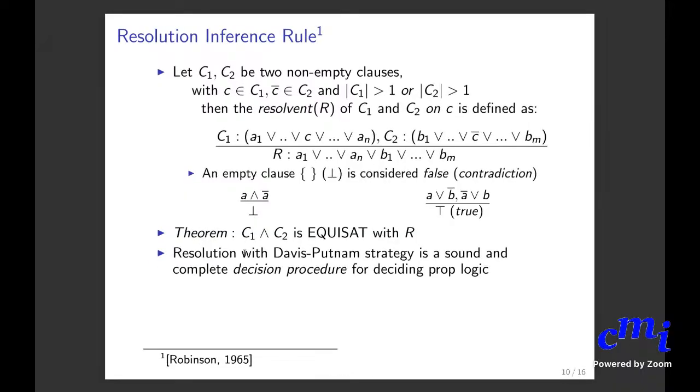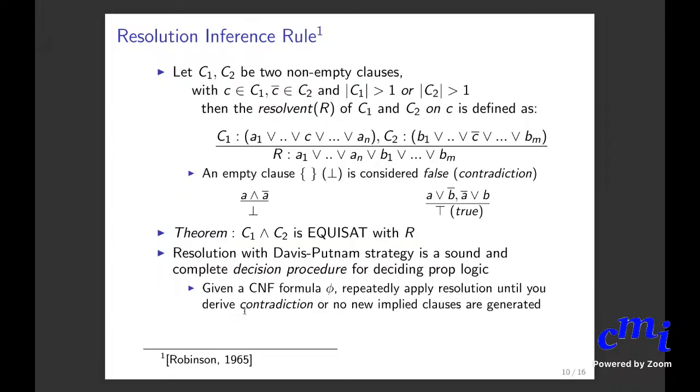That is exactly what the Davis-Putnam strategy is, which was based on the resolution principle. Given a CNF formula phi, you repeatedly apply resolution until you derive a contradiction or there are no new resolvents. Sometimes the resolvents are called implied clauses because they are implied by the conjunction of the original two clauses.